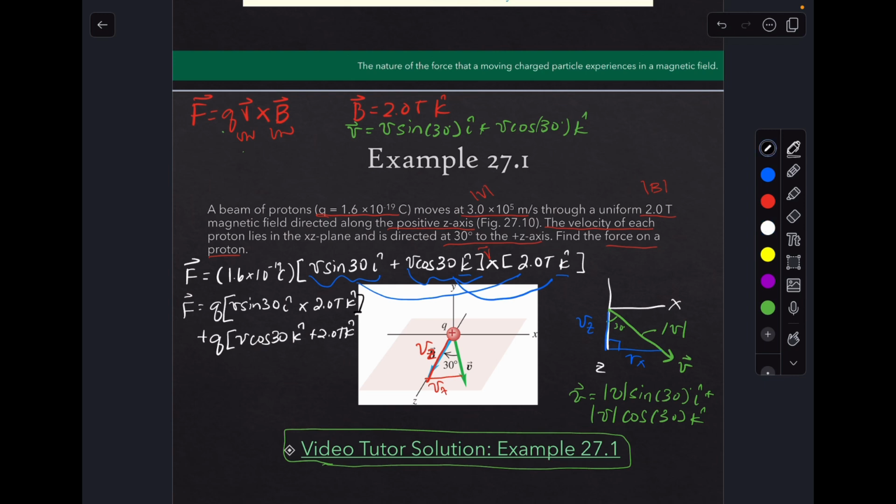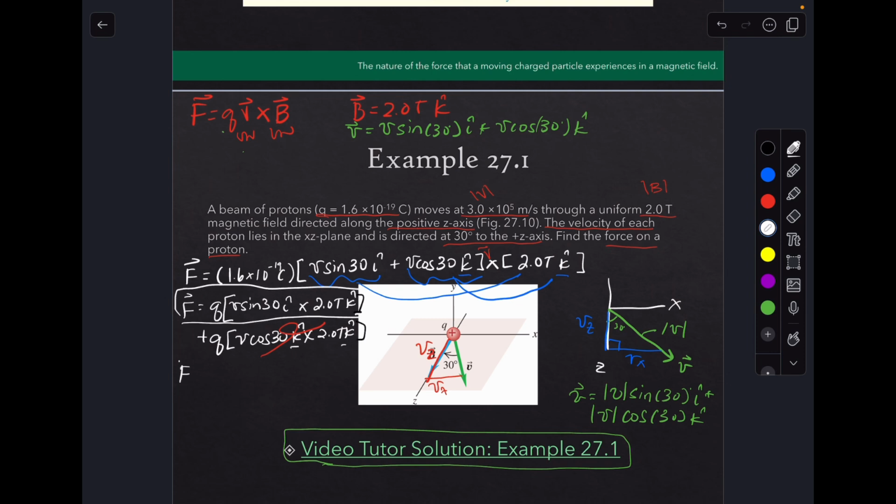I just distributed the cross product. The rule is that the same directions crossed with each other equals 0, so this term is going to come out to 0. All we're left with is this first part right here.